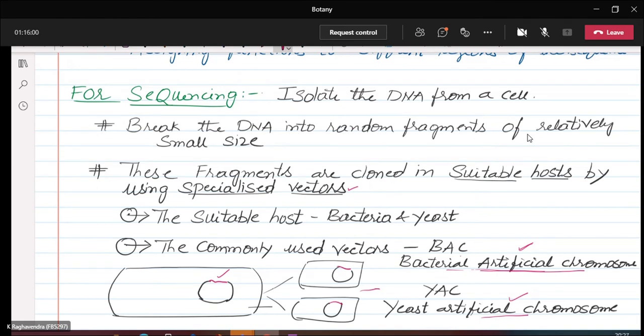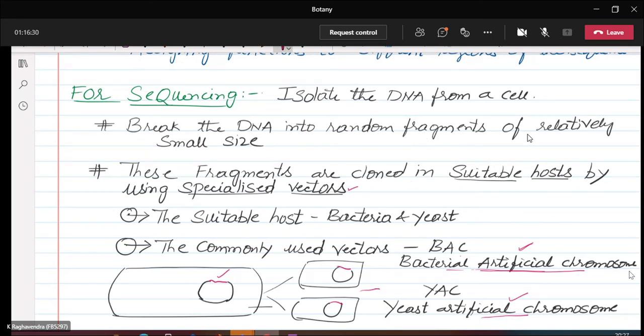Third step. Fragments are cloned in suitable hosts using vectors. What are the vectors? BAC and YAC.